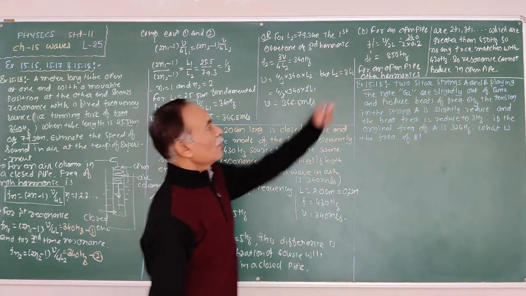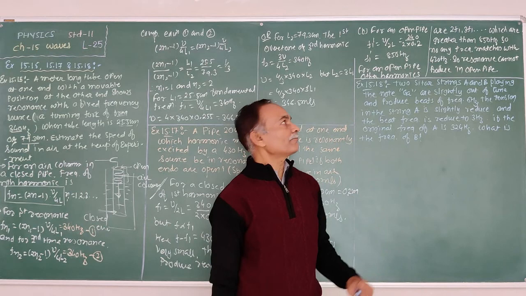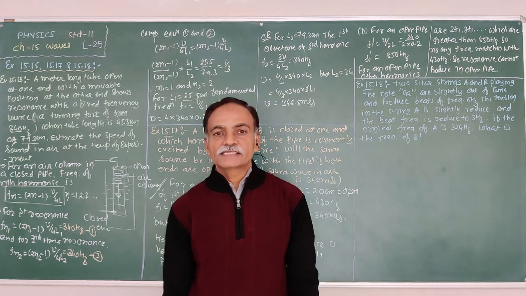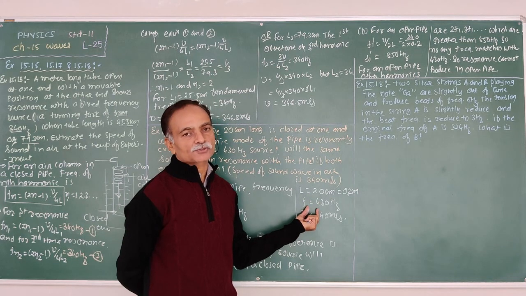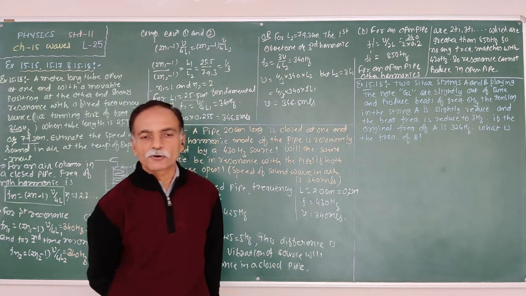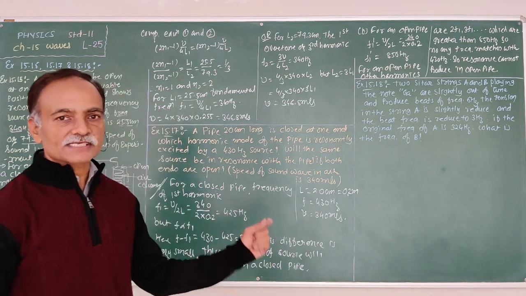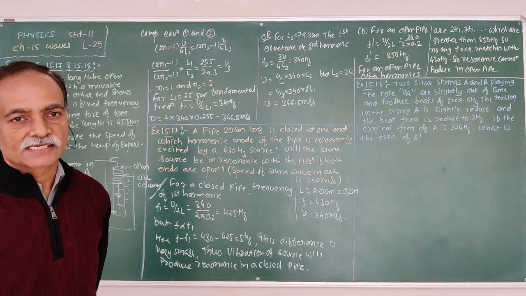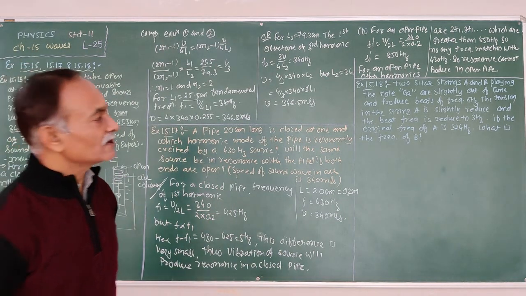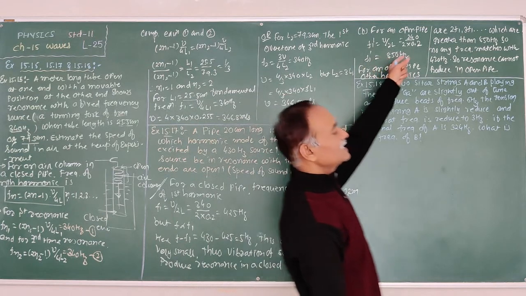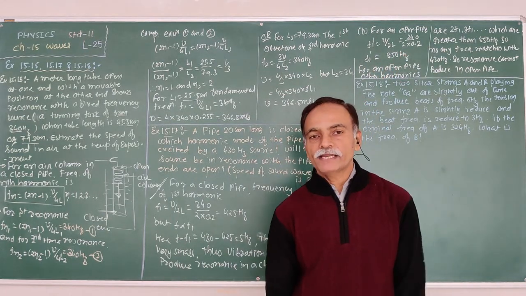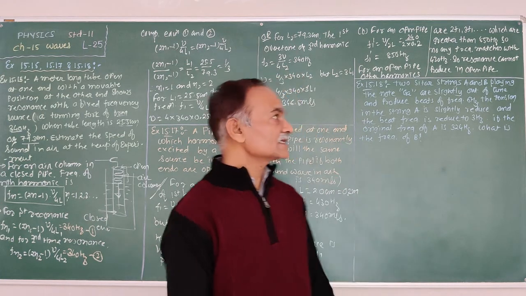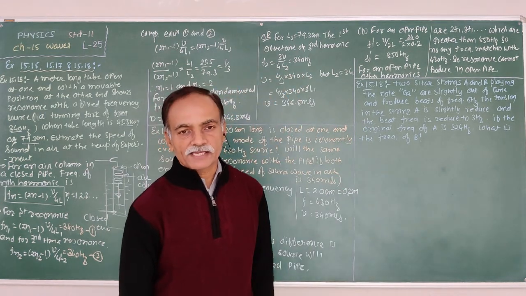And also, in an open pipe, the fundamental frequency F1 is 850 Hz, while the frequency of the source is 430 Hz. Therefore, this source can't produce any resonance in an open pipe, because the fundamental frequency is 850, the second is 2F1, double of 850, the third is triple of 850.